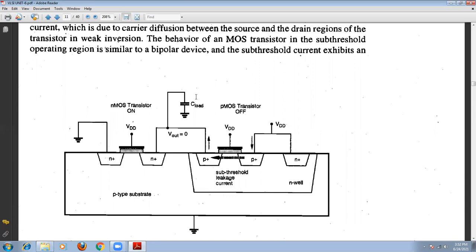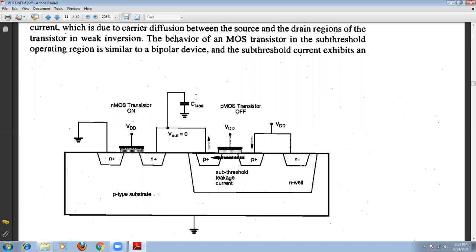That means when the transistor is in the weak condition, when the voltage is very near to the threshold voltage, the turn-on voltage is very near. That means the charge is not completely present. In that condition there is carrier diffusion between the source and the drain regions in weak inversion.